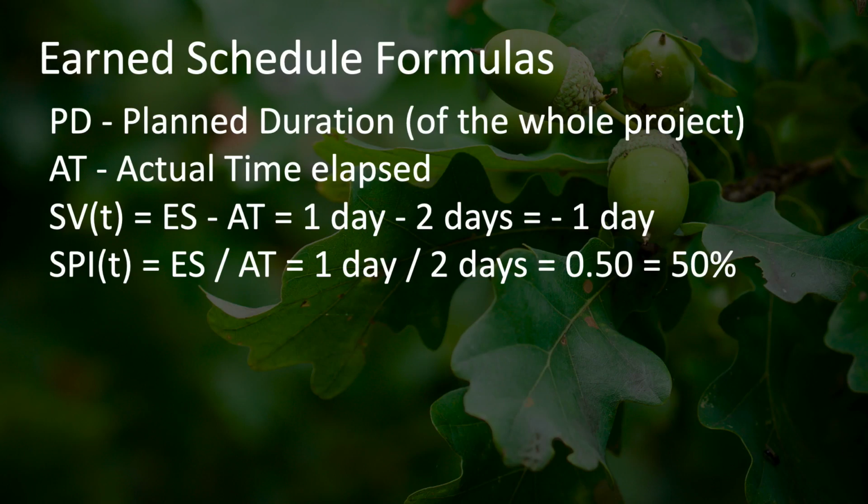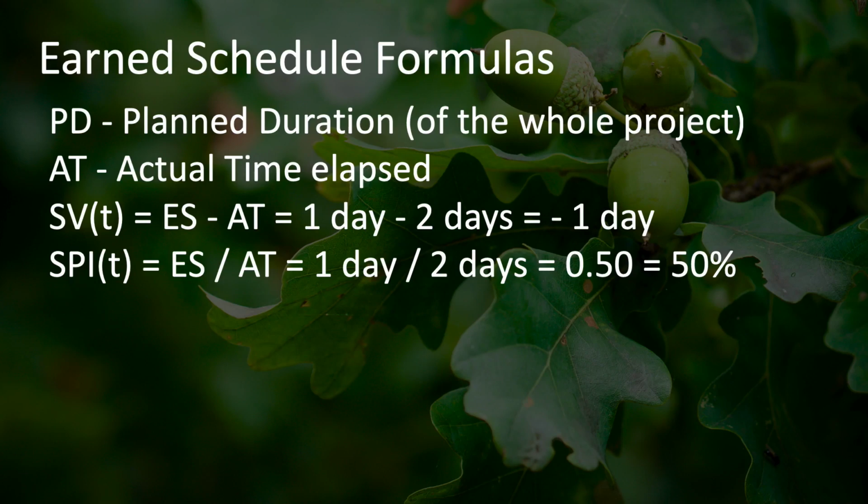which you'll notice is very similar to the schedule variance formula using earned value. In our case, it's 1 day of earned schedule minus 2 days of actual time, or minus 1 day. Similarly, the schedule performance index, T, which is using earned schedule, is the earned schedule divided by the actual time, which is 1 day of earned schedule divided by 2 days of actual time, or 0.5, 50%.